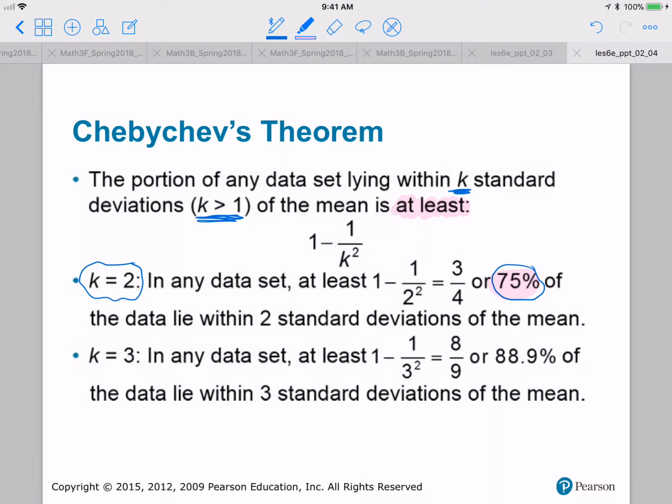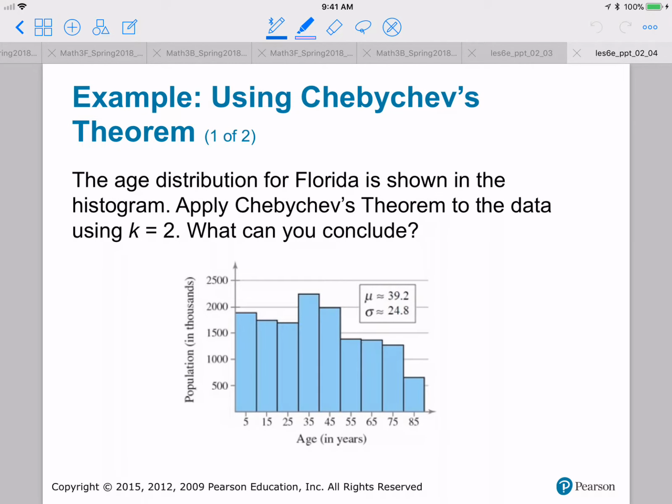At least this percentage of the data lies within k standard deviations. But the trade-off is that we can use this for any distribution, a distribution of any shape. It doesn't have to be symmetric. It doesn't have to be bell-shaped. So Chebyshev's is more broad, and in some ways it's more useful because you can apply it to more data sets.